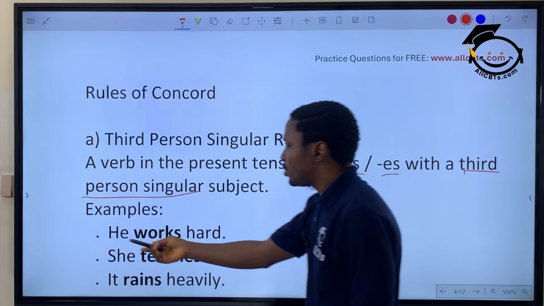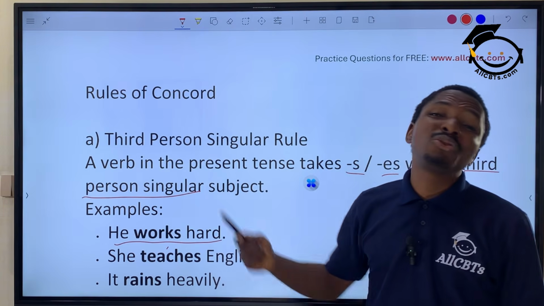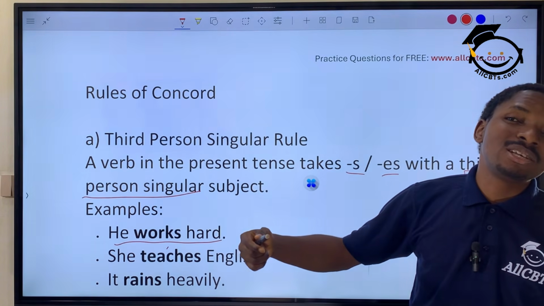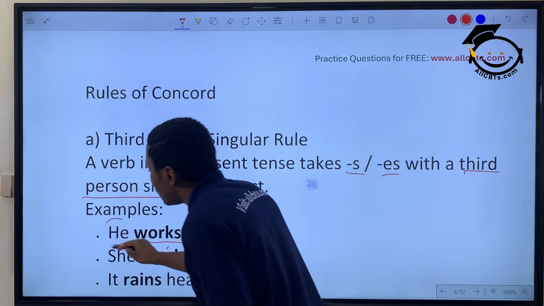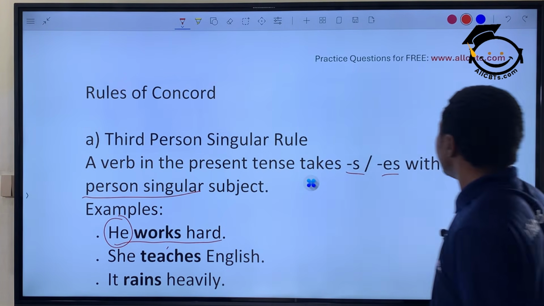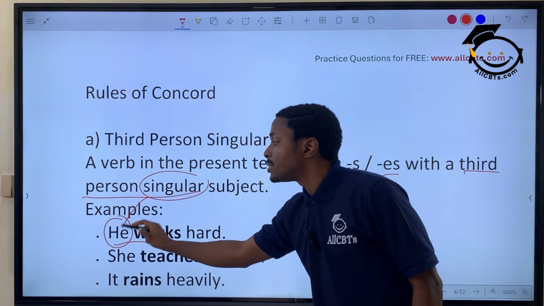For example, this is a third person expression: he works hard. He is definitely one person, so that's what makes it third person singular.